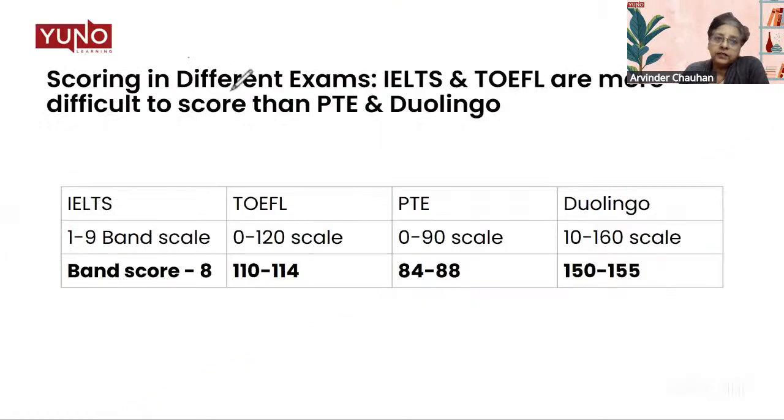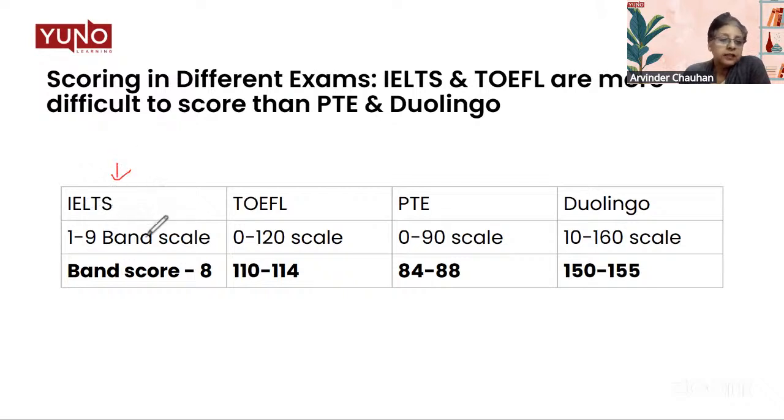The exams that we're going to look at are IELTS, TOEFL, PTE and Duolingo. The scoring for IELTS and TOEFL is a little more difficult than it is for PTE and Duolingo. So let's look at each one of them.